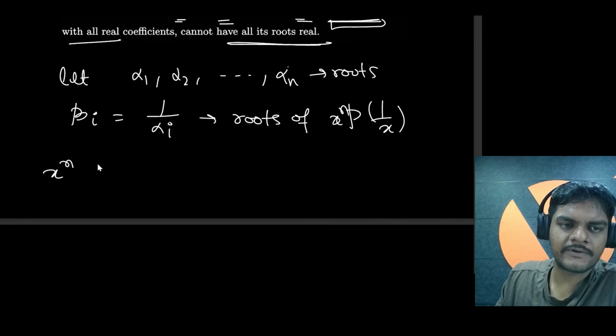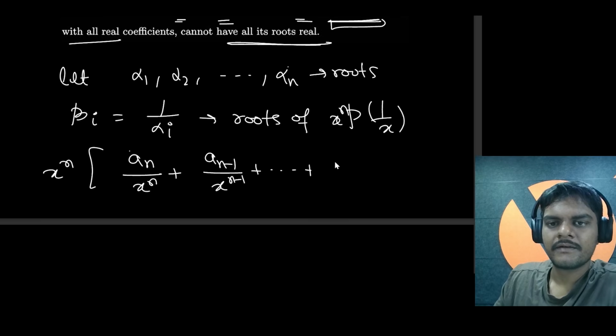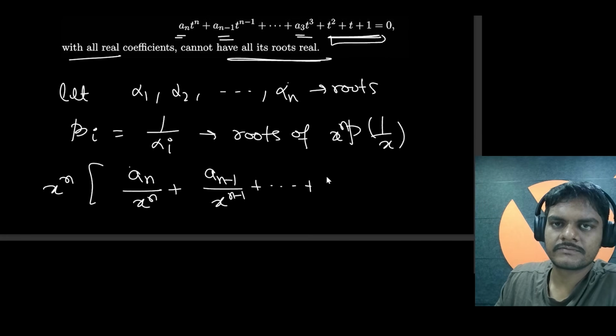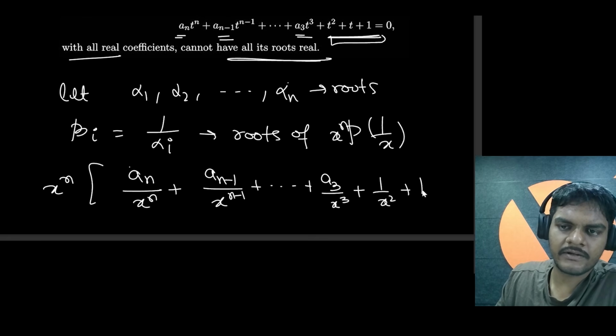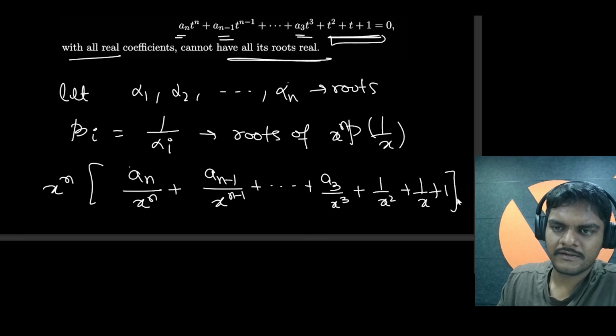So x power n into an by x power n, an minus 1 by x power n minus 1 till a3 by x cube, 1 by x square, 1 by x only plus 1, right?